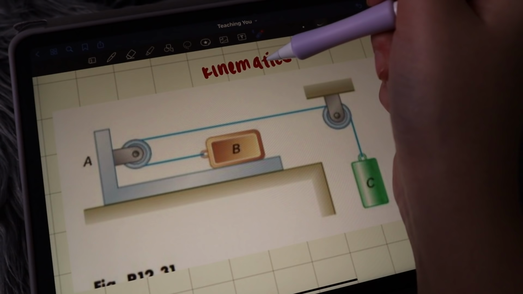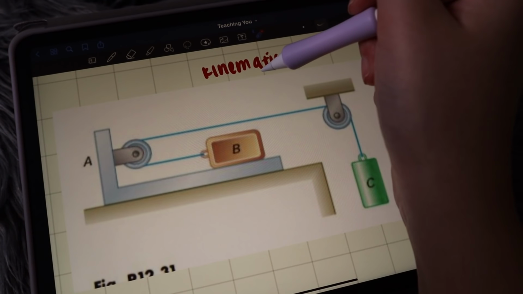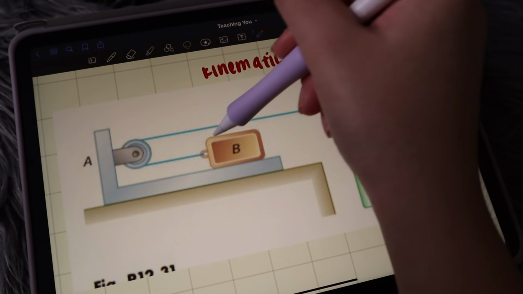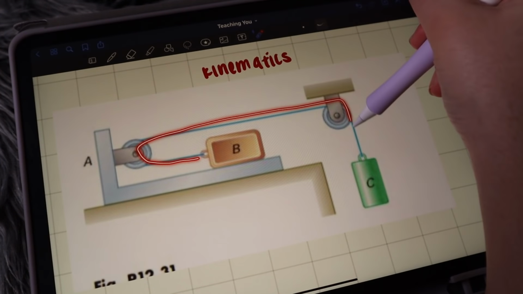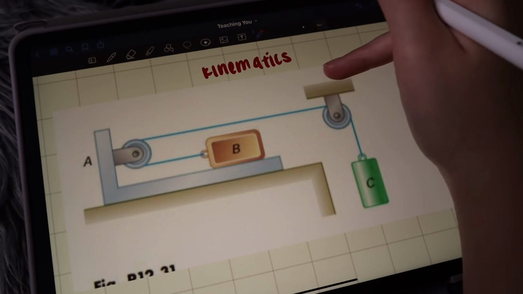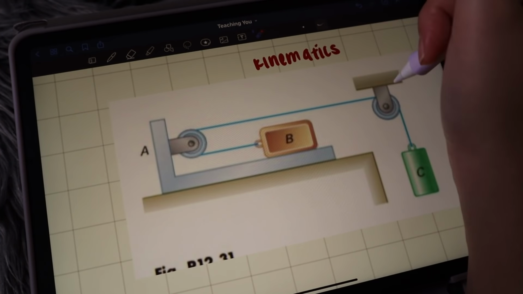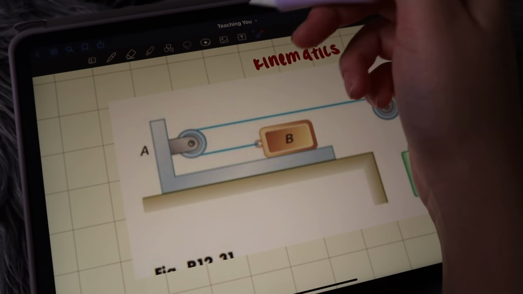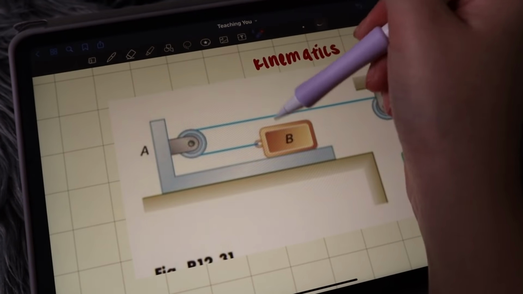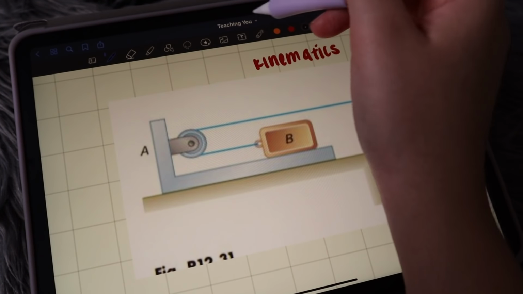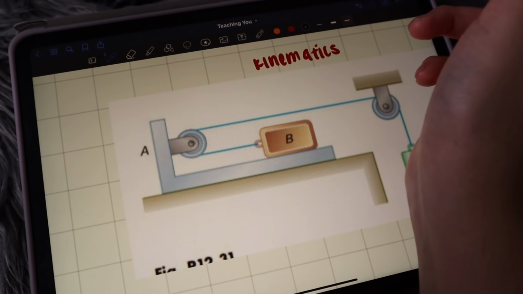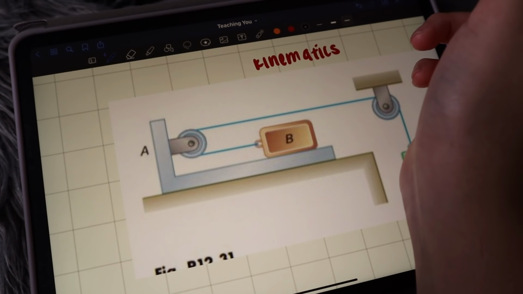So this process is really common when you have pulleys and you have a cable or rope. So these are very tricky because you have to choose your datum and your labels very wisely. So you want to make sure that when you choose the datum that it's at a fixed point.